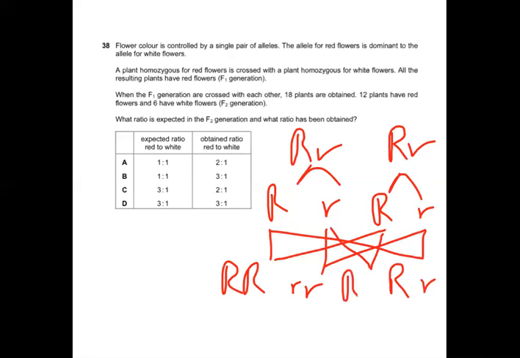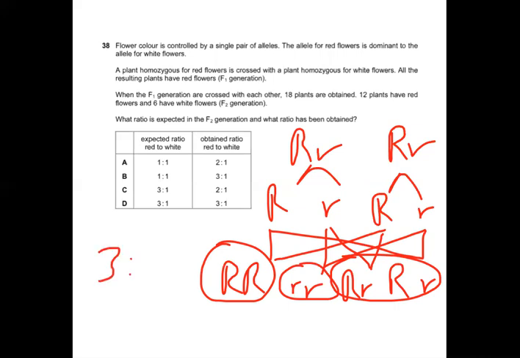This is capital R small r. So over here, this one is red and these two are red, while one is white. So the ratio that we're getting is 3:1 of the phenotypes. However, over here, 12 are red and 6 are white. So the ratio is 12:6, that is equal to 2:1.